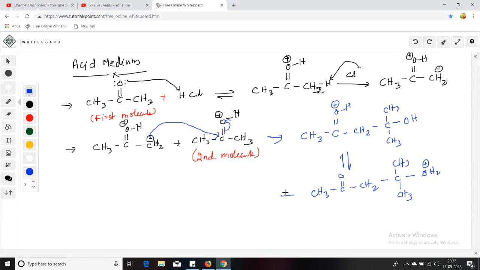And finally what happens? This OH2 comes out, right? H2O comes out, and one of these hydrogens also comes out with chlorine. So if I write this Cl minus here, and minus H2O, how does it go? H2O comes out from this, and this Cl minus takes this H plus from here, and this bond pair comes over here.